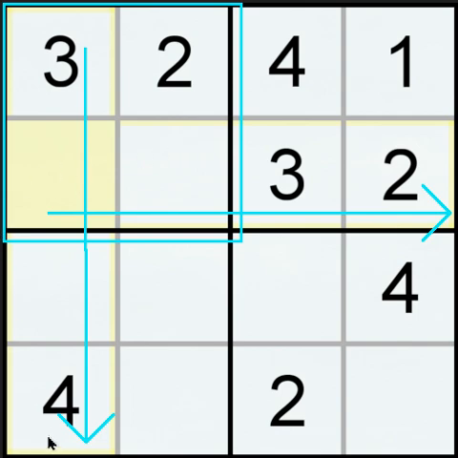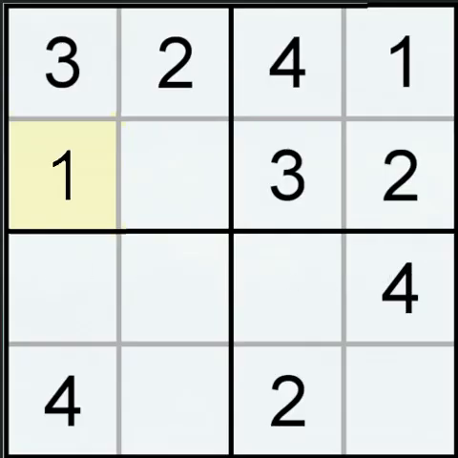Think, what does this tell us? We know we can't have a 4 in the same column as another 4. So we know this tells us that we have to put a 1 in this column where it is highlighted in yellow. We put the 1 here. Then I'll look for a place where only one number can go. I choose the third column so I can show you some more logic.